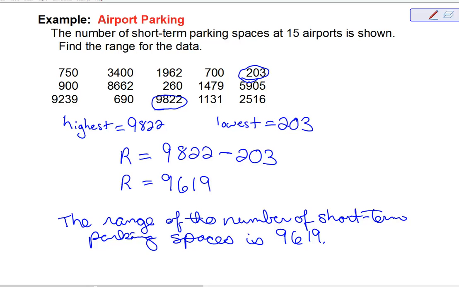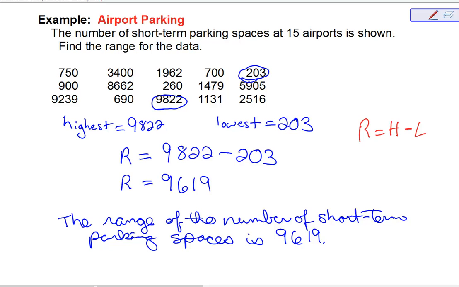So just remember that the range, again, is the highest minus your lowest value. And remember to actually do that subtraction. Okay? This is one type of variation.